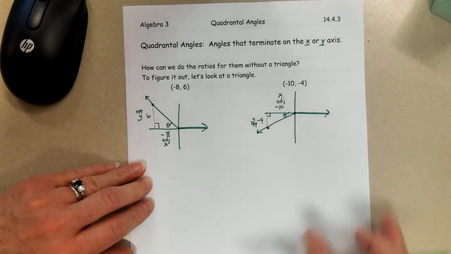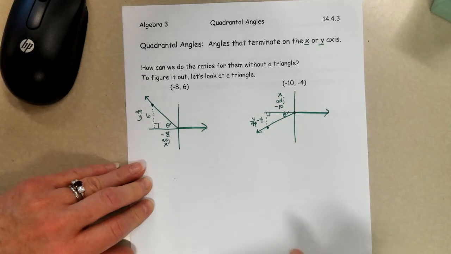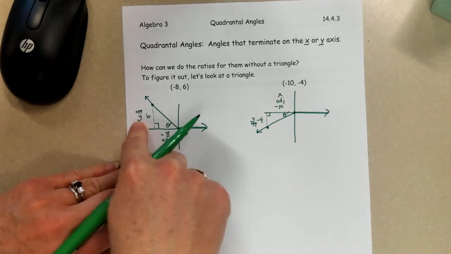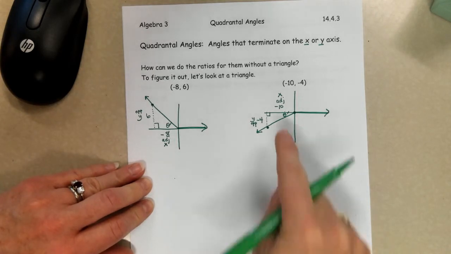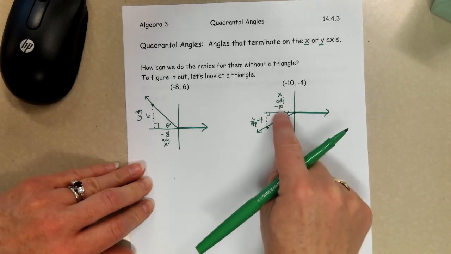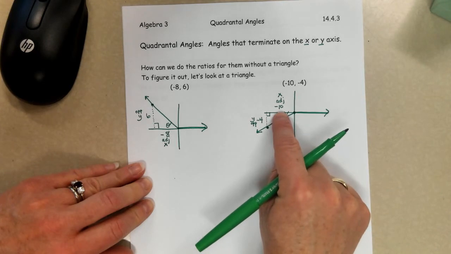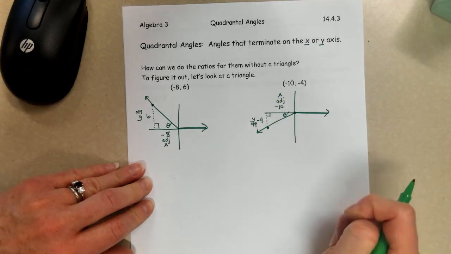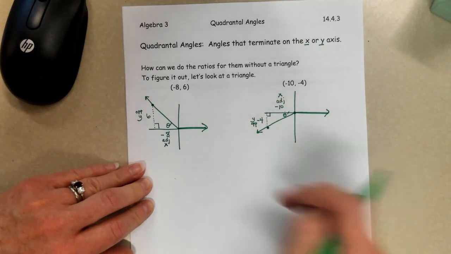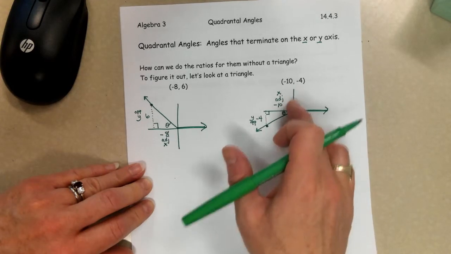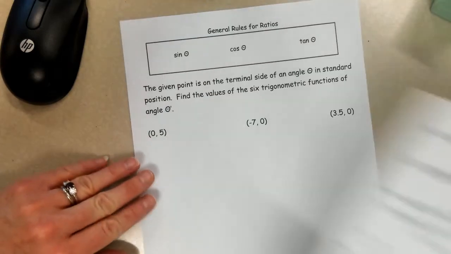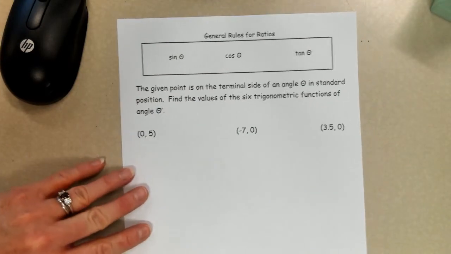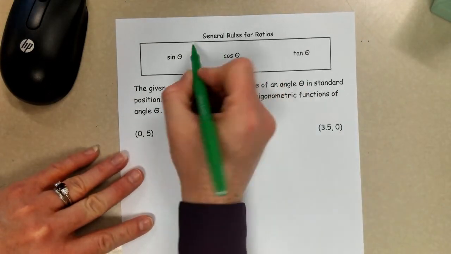And so instead of thinking of sine as opposite over hypotenuse, they said, well, it's just the y over the hypotenuse. Cosine, being adjacent over hypotenuse, is just x over hypotenuse. And tangent, being opposite over adjacent, is just y over x. And so we had those rules called the general rules for ratios.